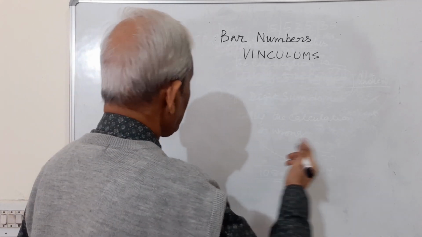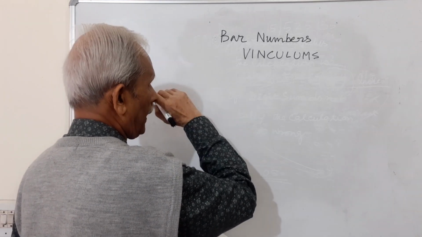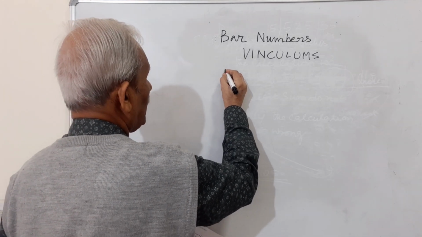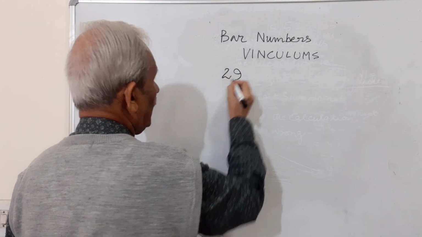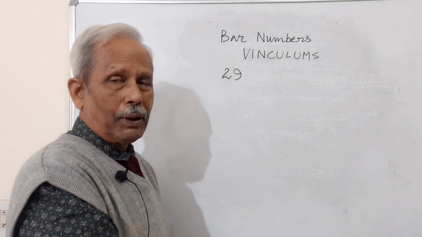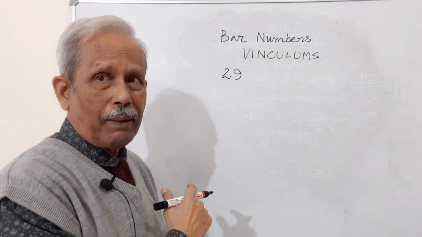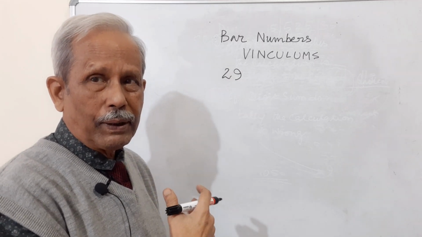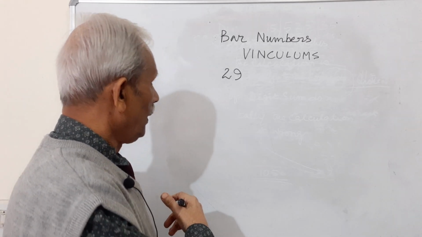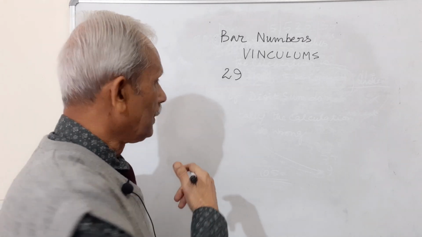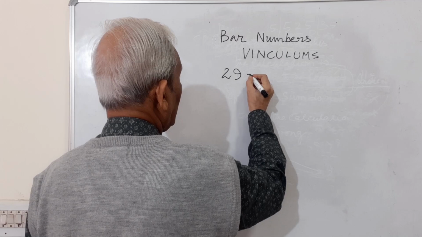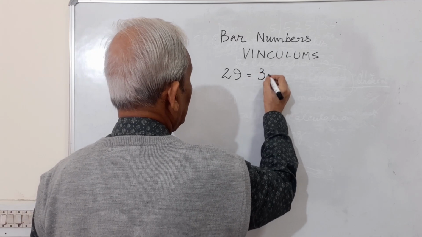Right? Say for example, I take a number 29. Try to understand it very carefully, because this is a concept which also many times becomes very confusing if you don't practice it properly. And once you practice it, things are very easy. 29 we can write as 30 minus 1.